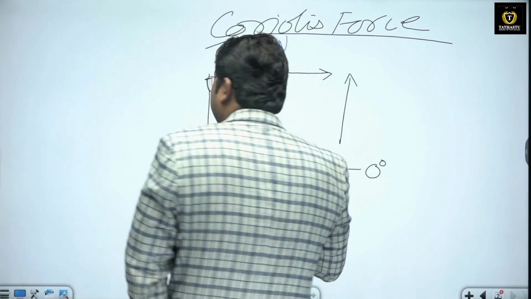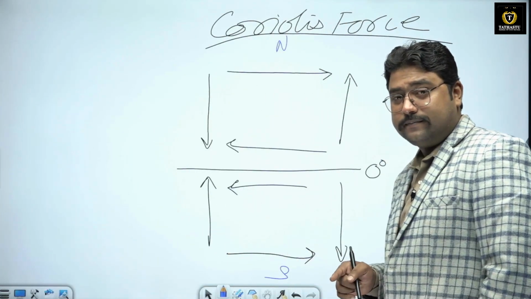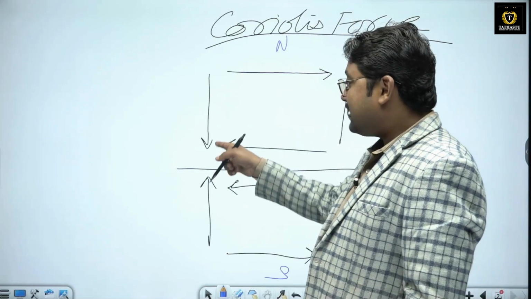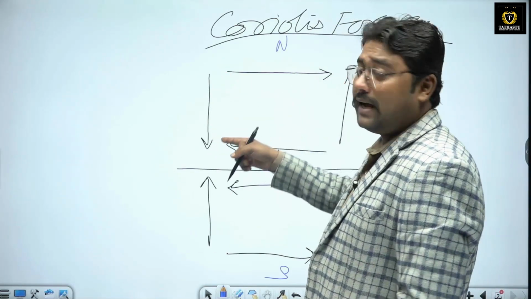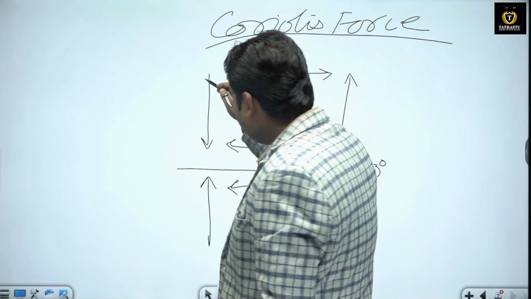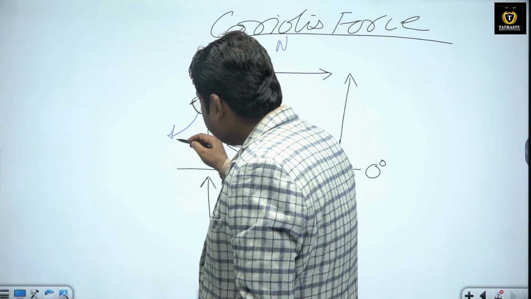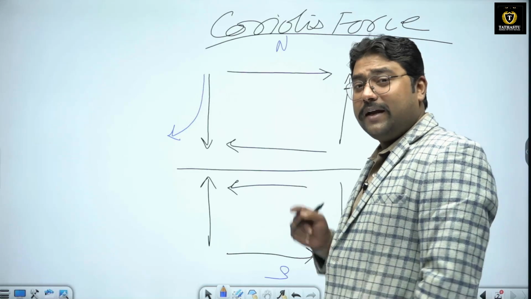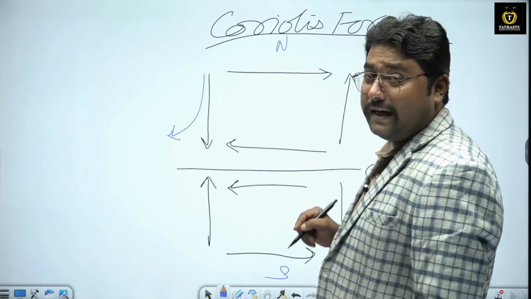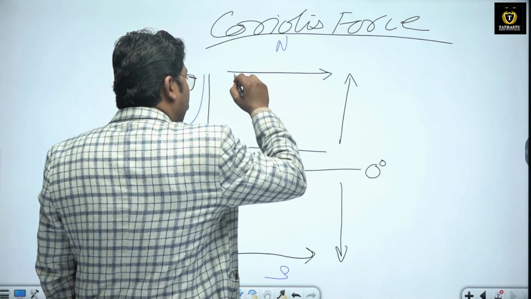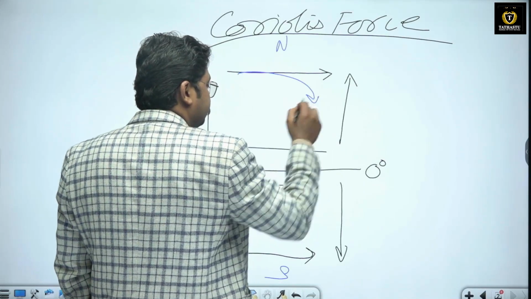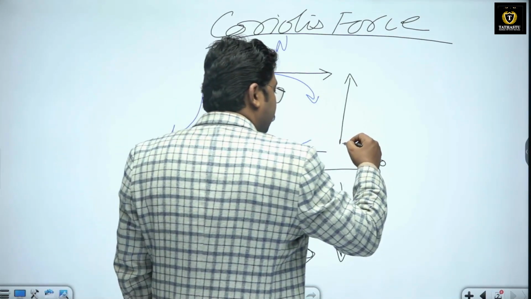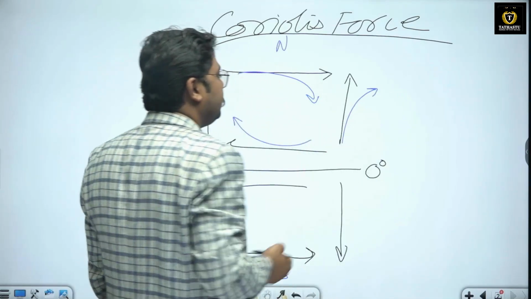If the direction of the object or wind is in this manner in the northern hemisphere, it will get deflected towards the right of its path. If it is this, again right; in this direction, right; and in this direction, right.